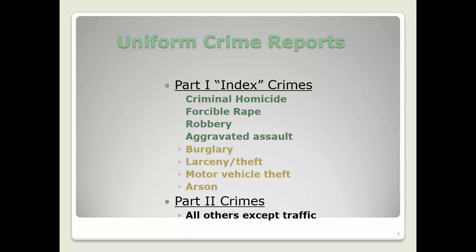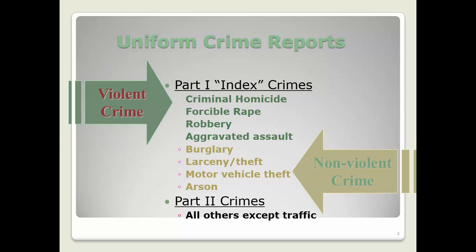UCR data is divided between Part 1 and Part 2 crimes. When you hear something in the media, it's almost always about Part 1 crimes. The 4 violent crimes are homicide, rape, robbery, and aggravated assault. One of the common mistakes people make is to mix up robbery and burglary. Robbery is a violent crime because it involves the use of force or the threat of force to take your property directly from you.